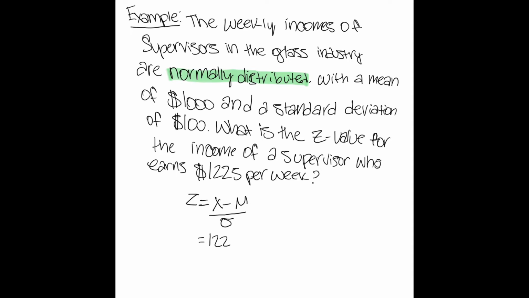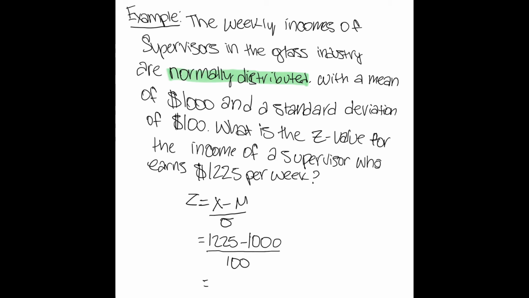So the first one is going to be that income, that is our observation. Then we're going to subtract that from the mean, which is 1,000. And then we're going to divide all of that by our sigma of $100.